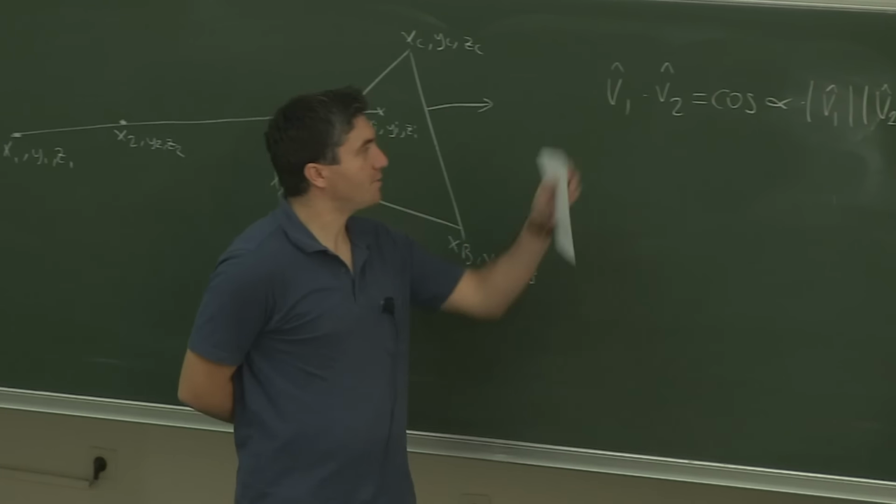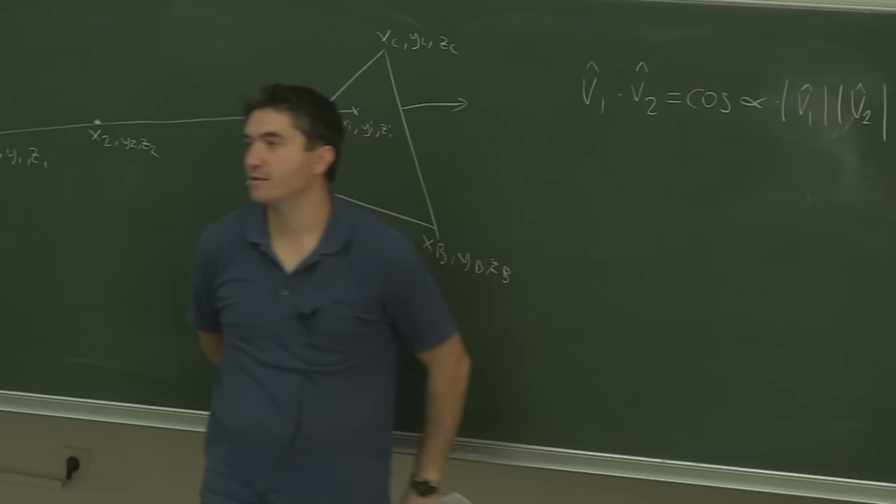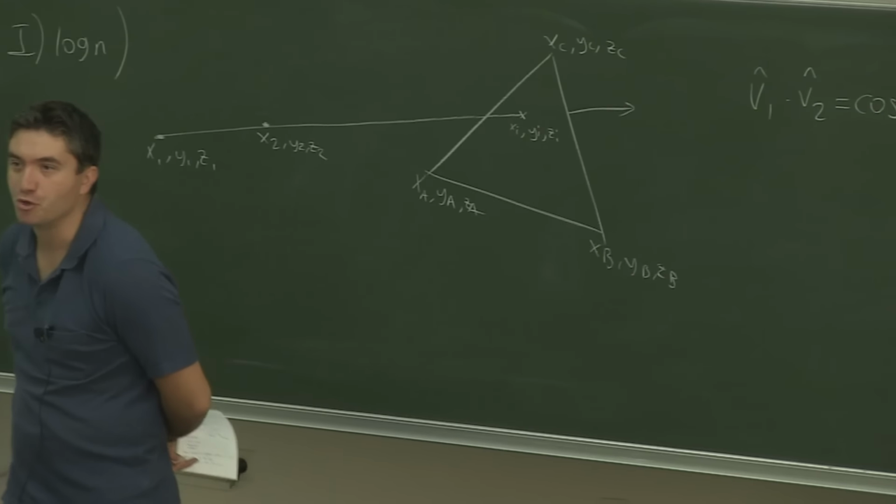So you can use the dot product in order to find the cosine of the angle between these two vectors.